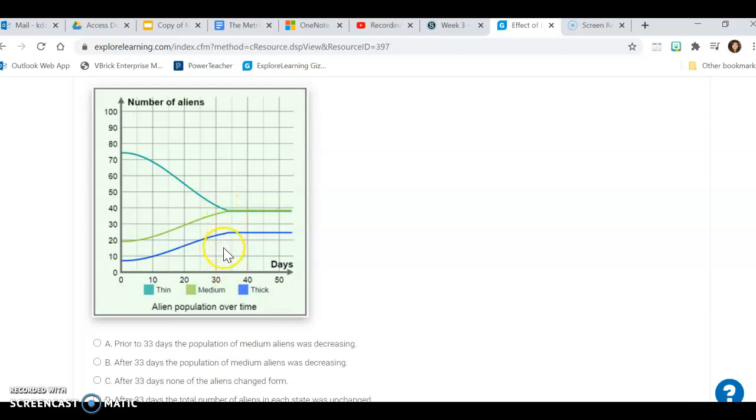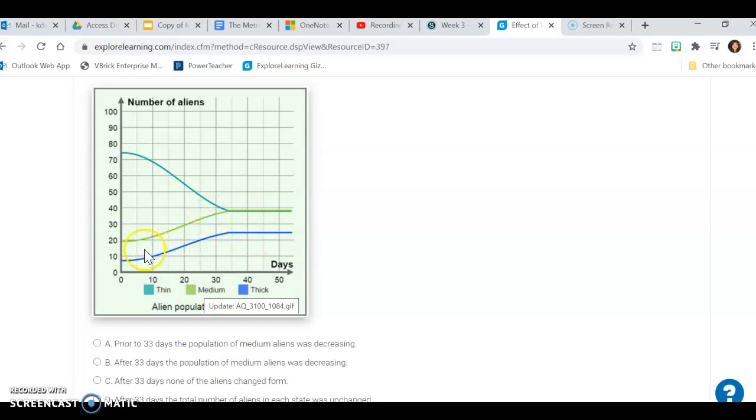It's asking me, prior to 33 days, so any of the data that's involved here, basically when we have a curved line, before we flatline, prior to 33 days, the population of medium aliens was decreasing. So if I go to medium aliens, I see that the slope is moving upwards, so I know that's not true.